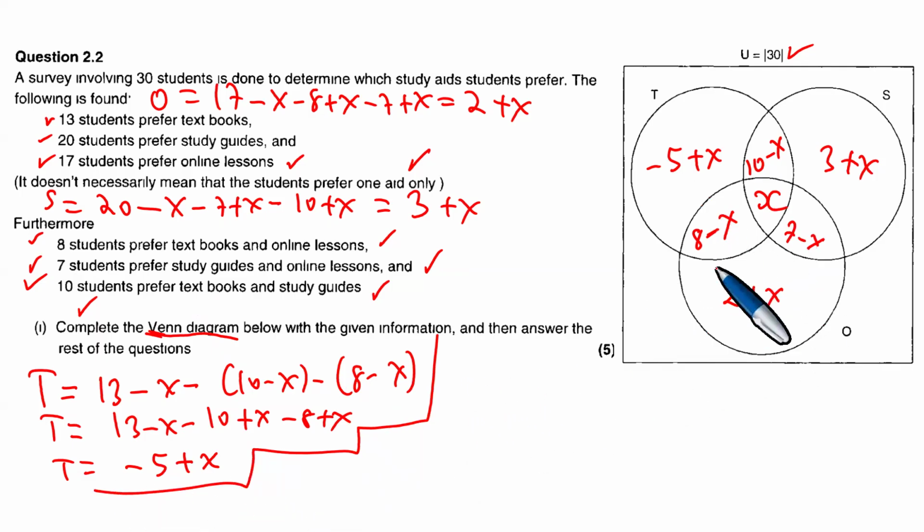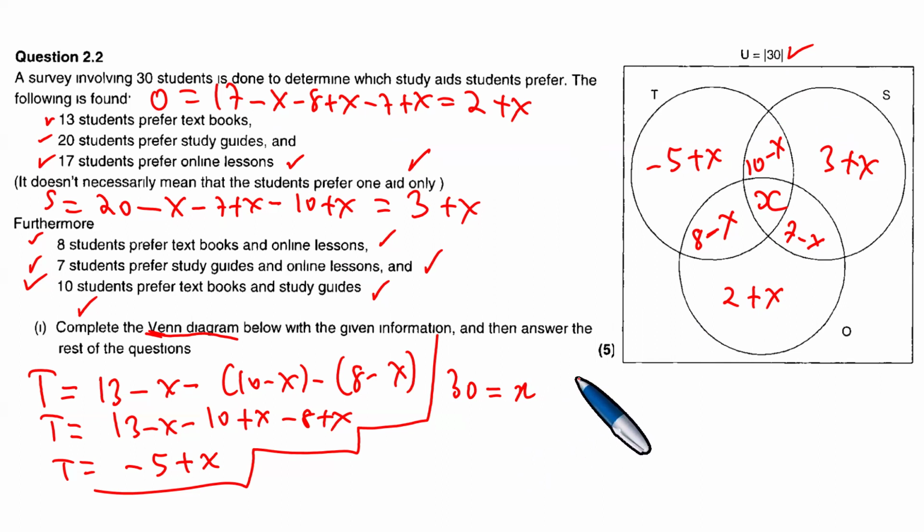If we add every single part, we shall get what is in the universal set. If we look very carefully here, the 30, which is the number of elements in the universe, is going to be exactly what? We start from the center of the intersections.